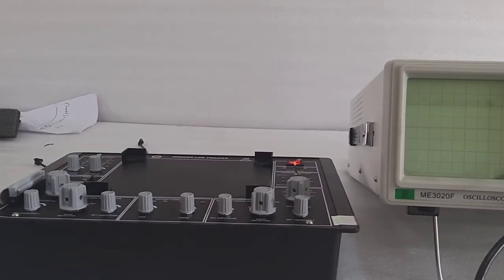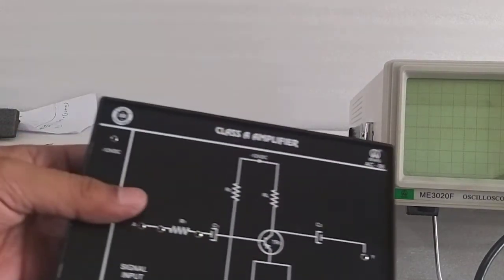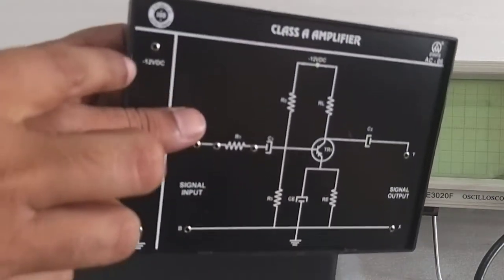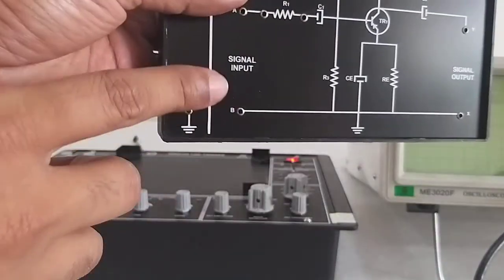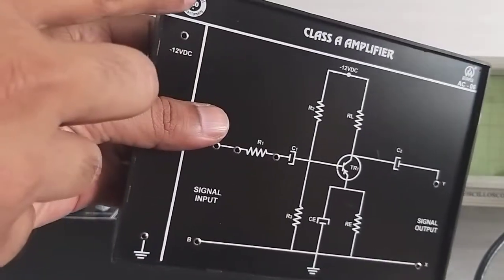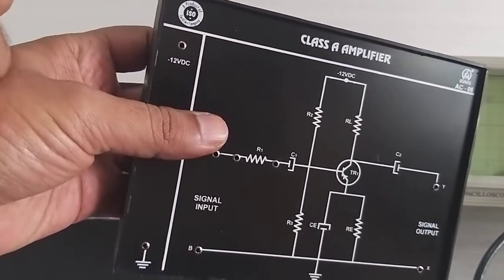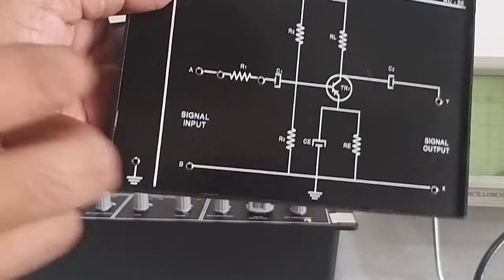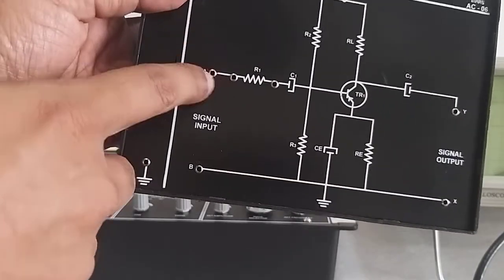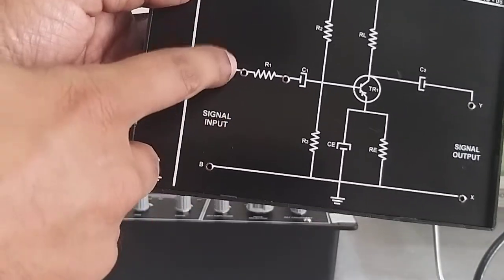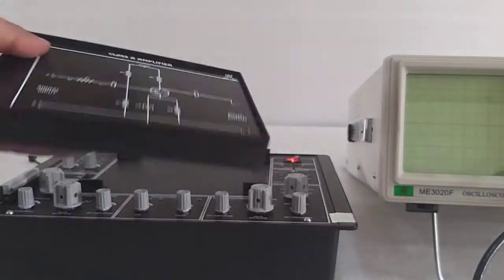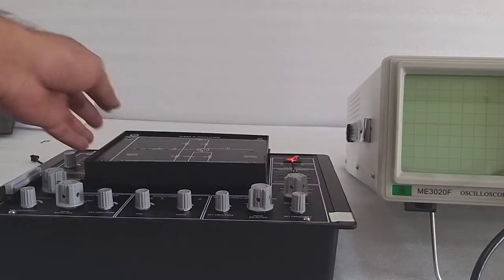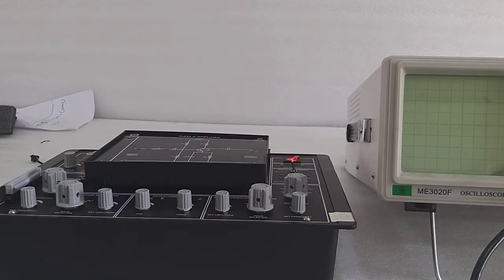We need to create some connections for this module, like its input voltage minus 12 volt and ground, to connect with the motherboard of the analog lab trainer. It asks for the signal input, and this is the output. We have given all the details in the manual on how to connect and what frequency you have to connect. Okay, for now I will start the demo.